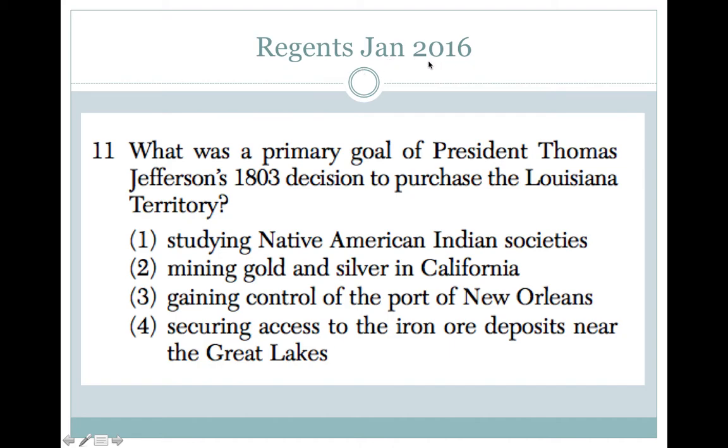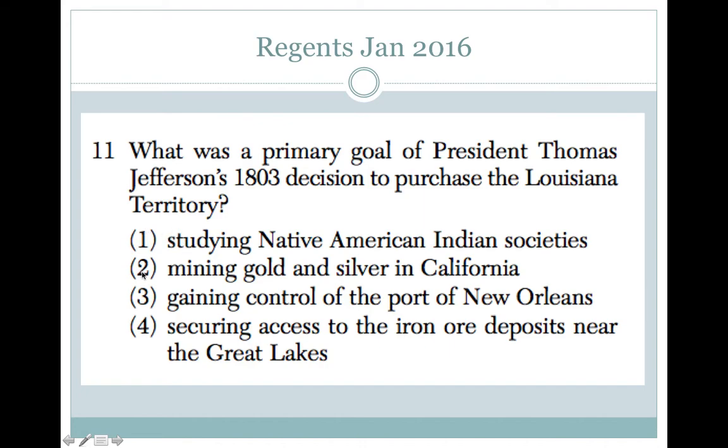The January 2016 Regents. What was a primary goal of President Thomas Jefferson's 1803 decision to purchase the Louisiana Territory? Okay, so now we got 1803 decision. We know it's the Louisiana Territory. Why did they buy that? Studying Native American Indian societies. We hardly ever were nice to the Native Americans, so it's probably not that.